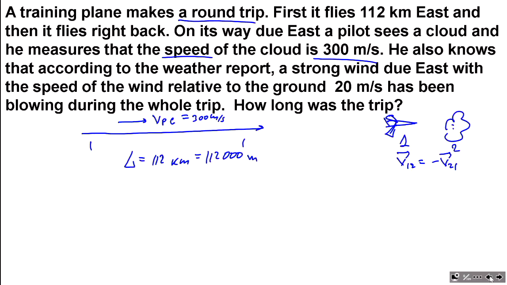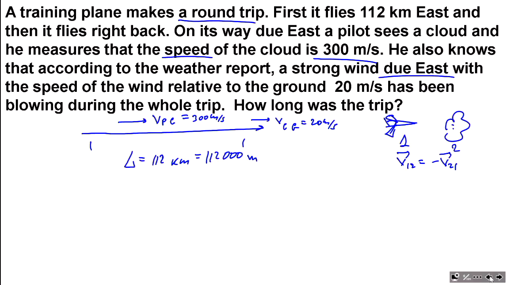Now, the wind also blows east, so this is the velocity of the cloud relative to the ground. It's been measured by meteorologists, and so that's what we know about the first half of the trip.